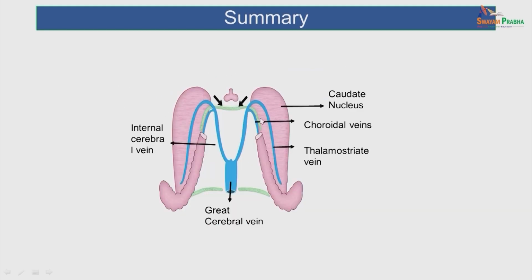The venous drainage is by 3 sets of veins: the thalamostriate vein and the choroidal vein together form the internal cerebral vein, which forms the great cerebral vein draining into the straight sinus.